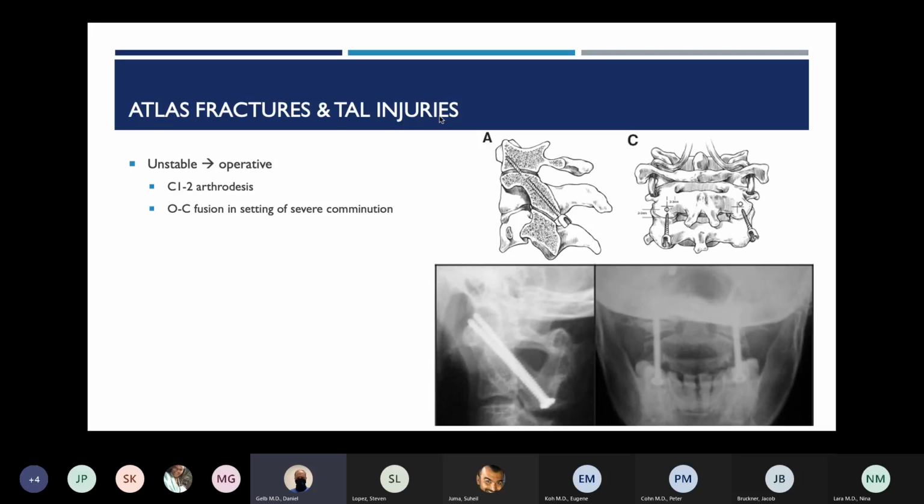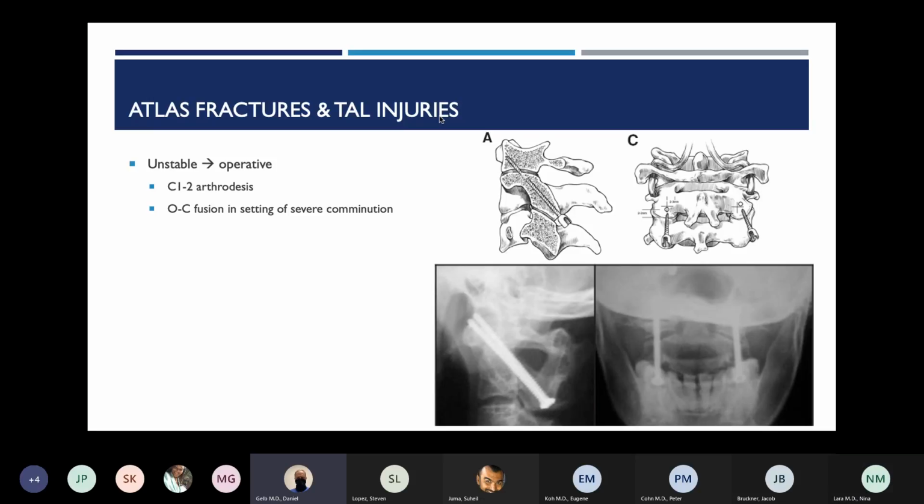We're so facile at putting in C1 lateral mass screws, but there was a time when that was considered a huge leap. So these are historical, right? This is something people did in the 80s and early 90s. And if you look at the literature, there's about an 8% per side vertebral artery injury.